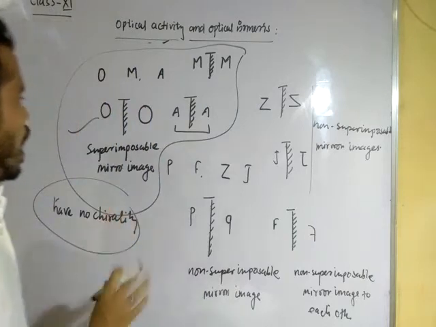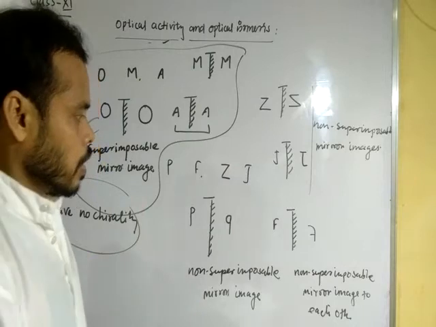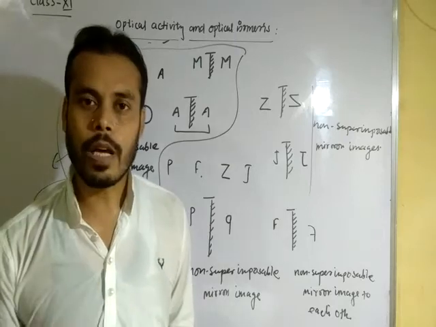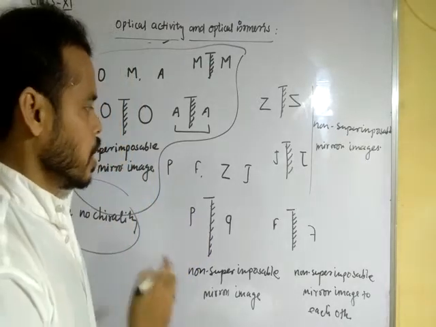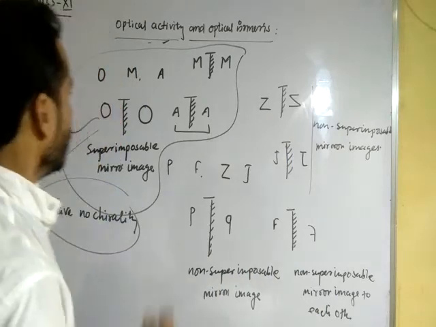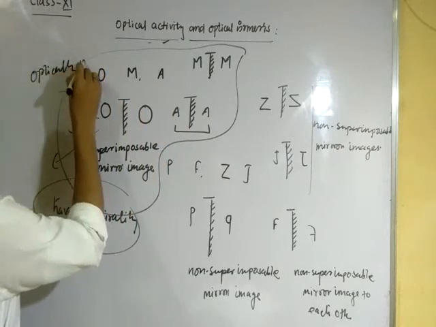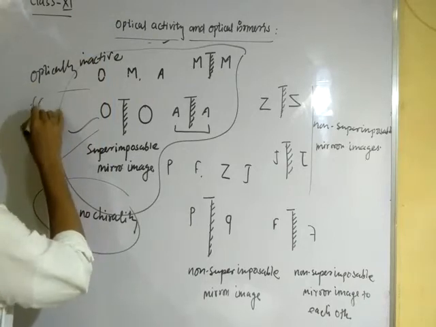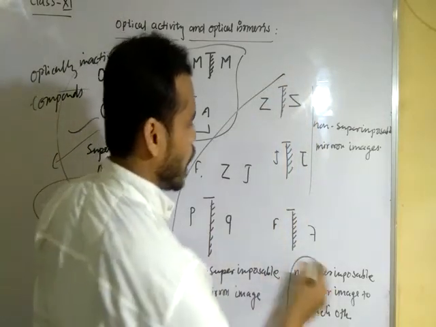That means they are not optically active compounds, but the compounds showing non-superimposable mirror images have a tendency to rotate plane polarized light. So these are optically active compounds, while these are optically inactive compounds.